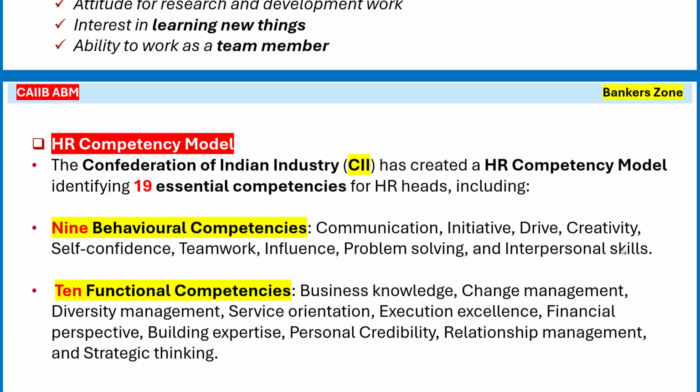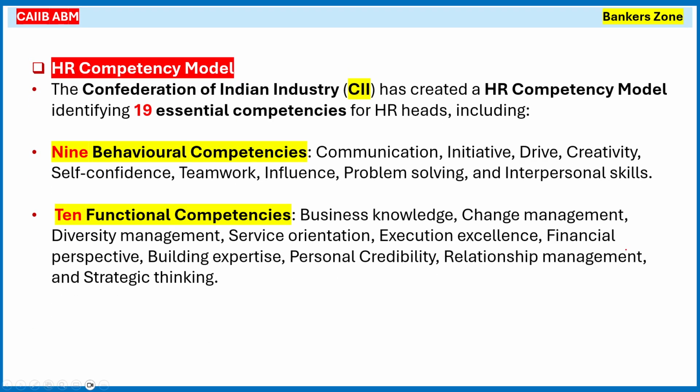Now the next thing is the HR competency model. The Confederation of Indian Industry, CII, has created the HR competency model. They have identified 19 essential competencies for the HR head. So if we have to appoint any HR head in the organization, he must have those 19 essential competencies.